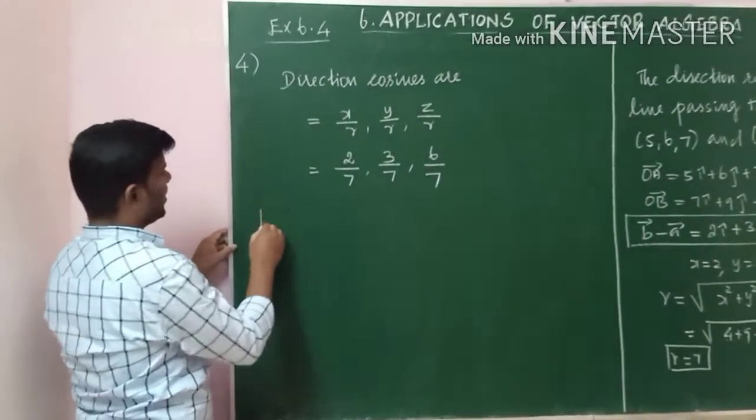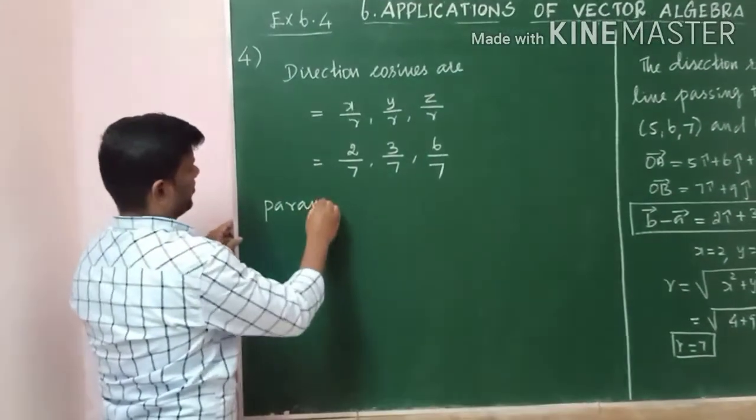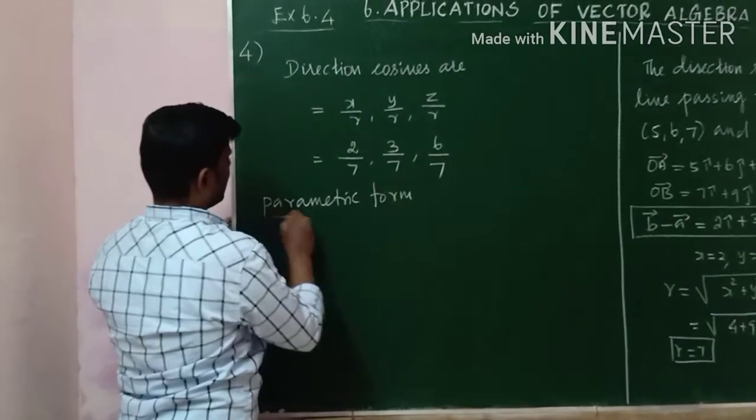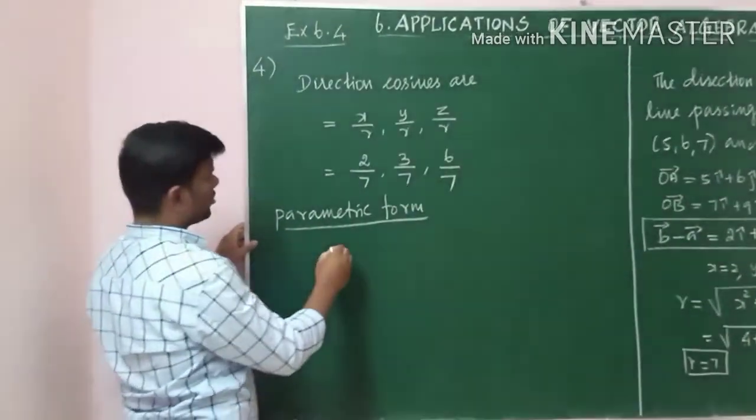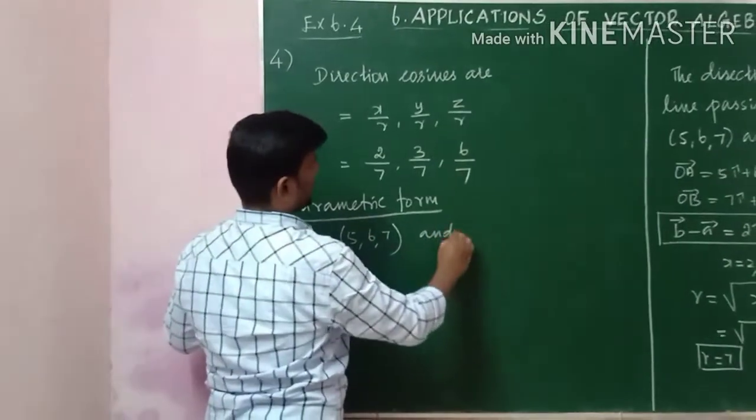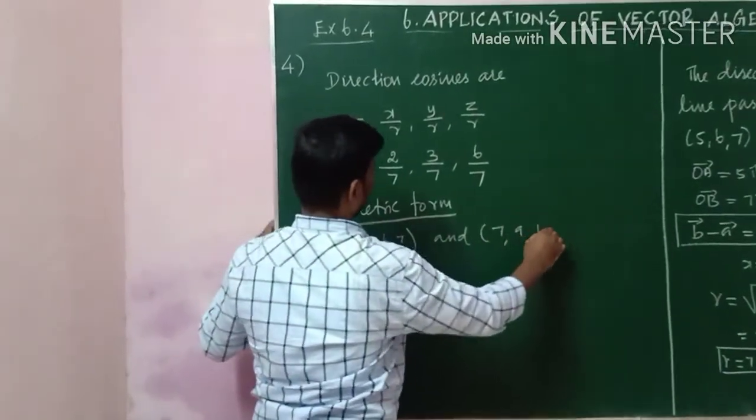Next, we have to find the parametric form of the vector equation of the line passing through the 2 points (5, 6, 7) and (7, 9, 13).